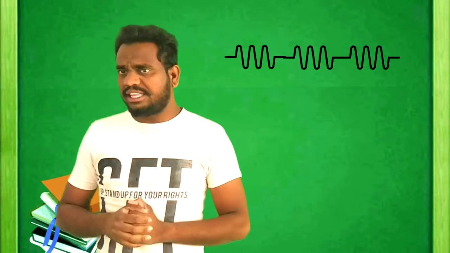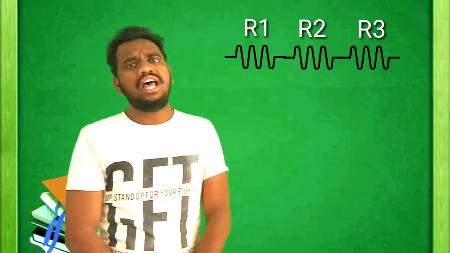We will come to know what happens when resistors are connected in series and what happens when resistors are connected in parallel. So a short note upon this: when resistors are connected in series, the resultant resistance will be equal to the sum of all the resistors. That means if R1, R2 and R3 are connected in series, then the resultant resistance will be R1 plus R2 plus R3.